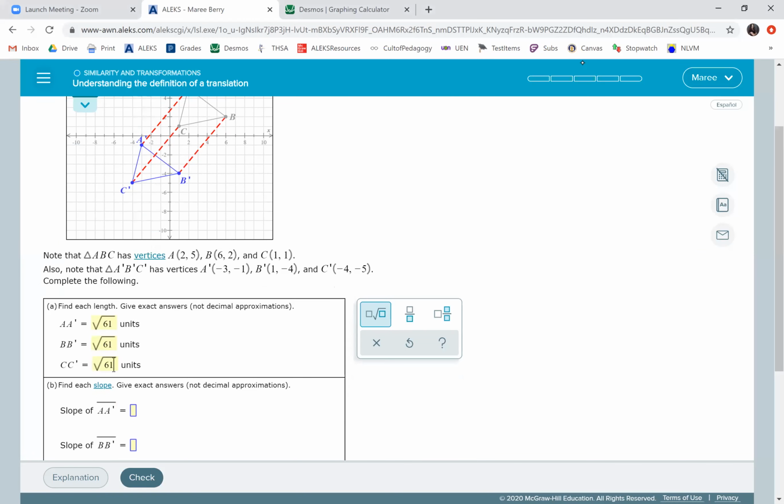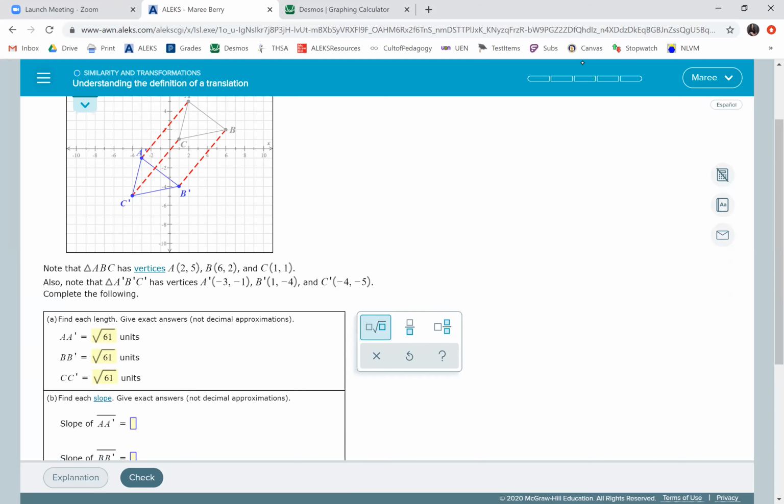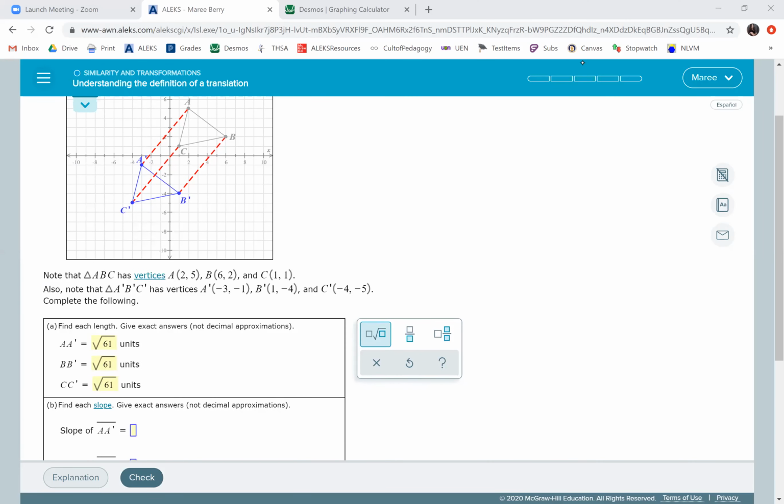Okay, we're going to do the slope from A to A prime. When we do slope, we have m equals y sub 2 minus y sub 1 divided by x sub 2 minus x sub 1. So our x1, y1 is 2, 5, and our x2, y2 is A prime, -3, -1.